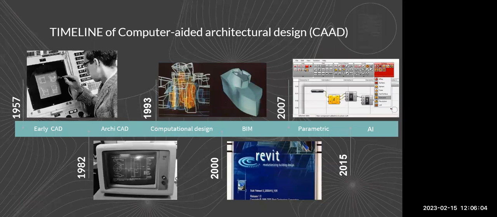Until Revit was released in 2000, which was the beginning of BIM objects, and the appearance of tools where we can use parameters and variables such as wall relationships and the location of doors and windows.